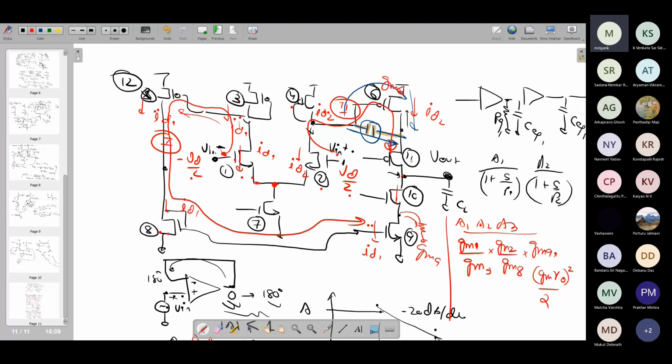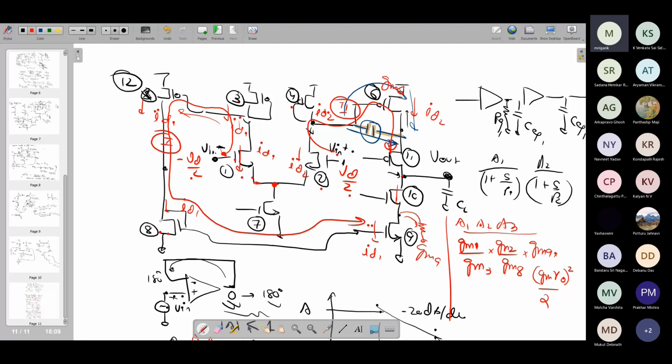What is that impedance? That is nothing else but GM11, RO11 times RO6. So that's why overall we get GMRO whole square. This assumes that GM9, GM6 are similar, and likewise GM11, GM10 are similar, which can also be slightly different. It's not necessarily that they will be exactly same.